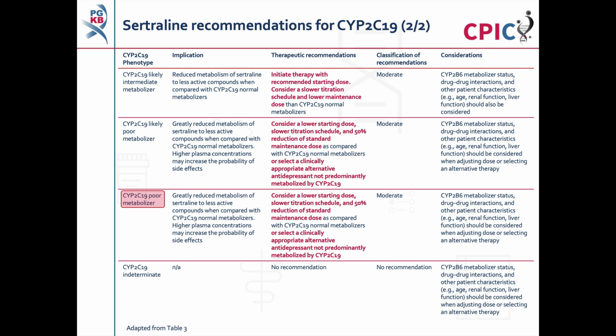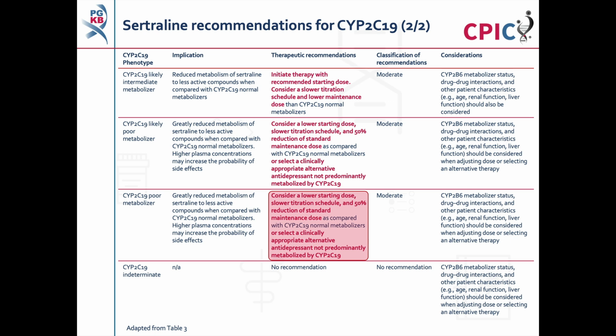Patients with a CYP2C19 poor metabolizer phenotype will have greatly reduced metabolism of sertraline compared to normal metabolizers and may also have an increased probability of experiencing side effects. A lower starting dose, slower titration schedule, and a 50% reduction of the standard maintenance dose should be considered for these patients.